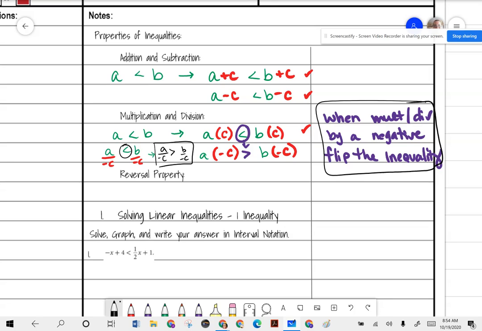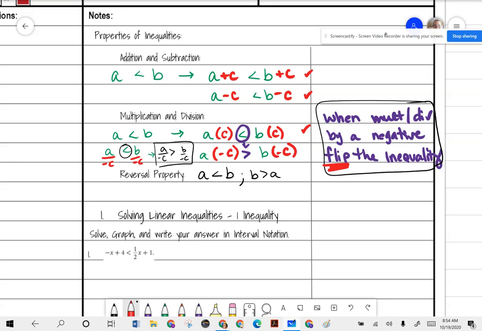And so that brings us to the reversal property. The reversal property says, well, hey, look, if A is less than B, I could actually just reverse the order in which they are designated, and rewrite that and say that B is greater than A. Now here's the difference I want to specify.